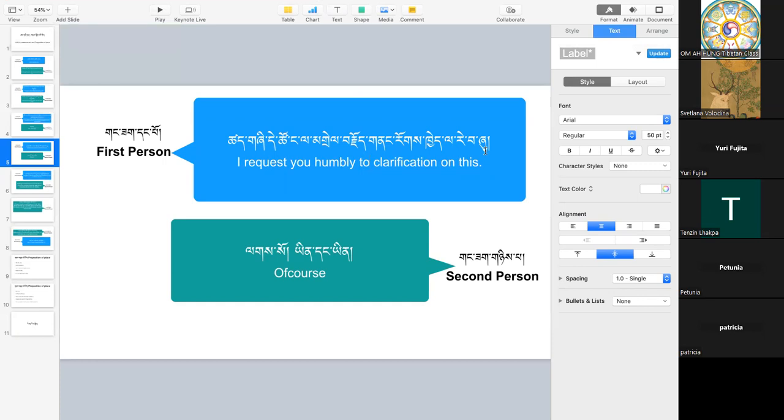Shu means to say, to ask, mostly to ask. So I request you humbly. Deju means to clarify, to explain. It actually means to explain, but sometimes also to clarify, because clarification is an explanation. So therefore, I request you humbly to clarify on this. When we say this, which means these measurement. Lasso, which is of course.